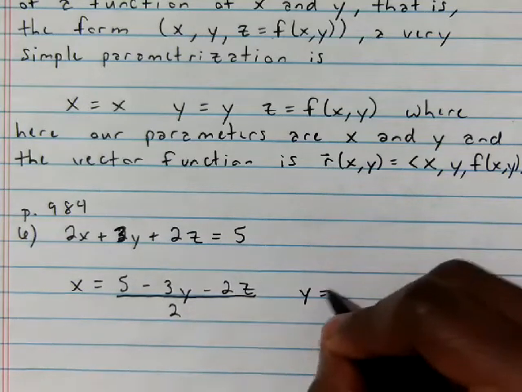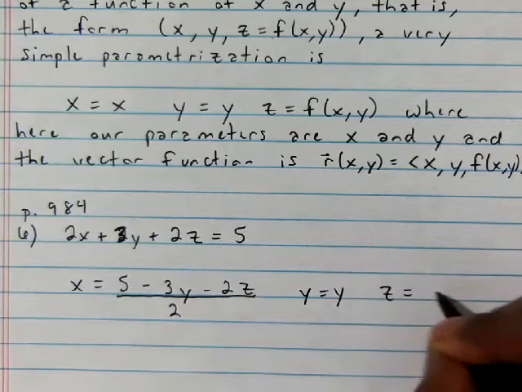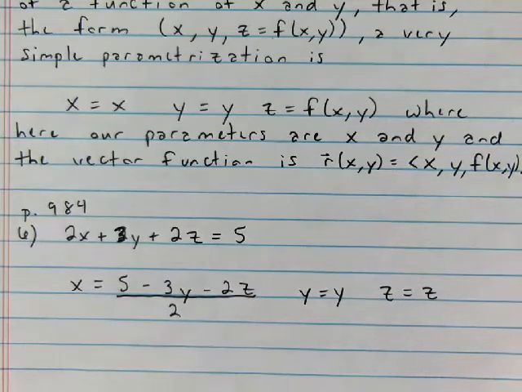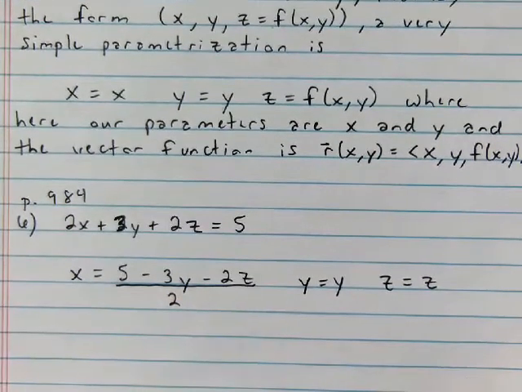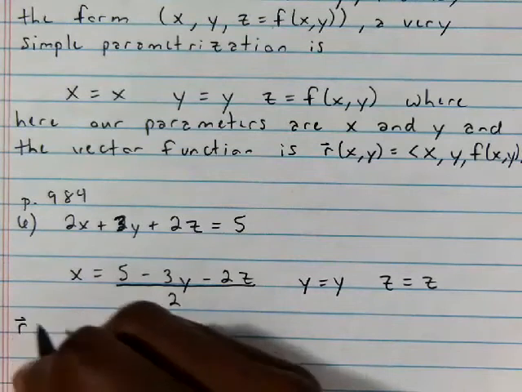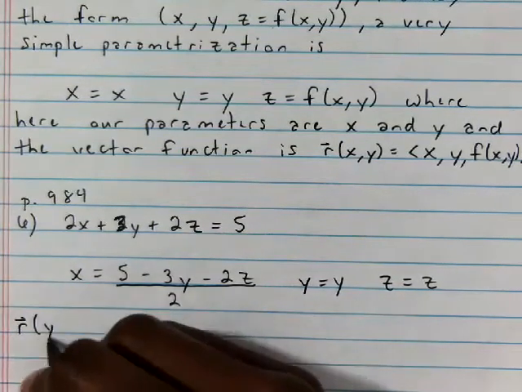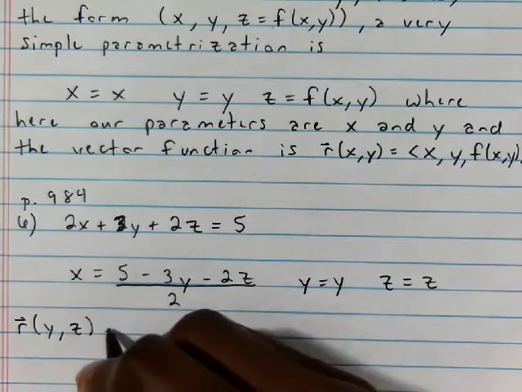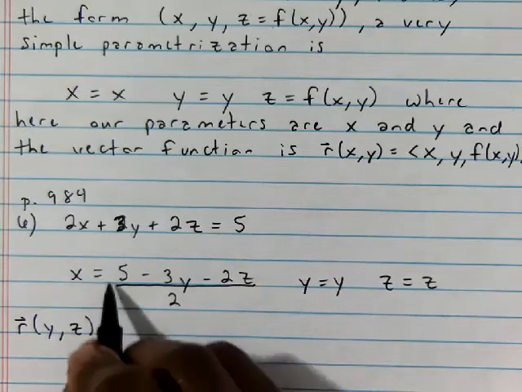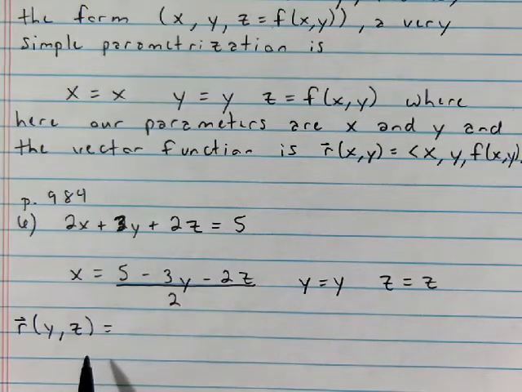So y equals y, z equals z. My parameters here are y and z. And if we want to write out our vector function, r of y comma z equals, what is x? x is that thing. So when you write out your vector function, just make sure that there are two parameters in there.